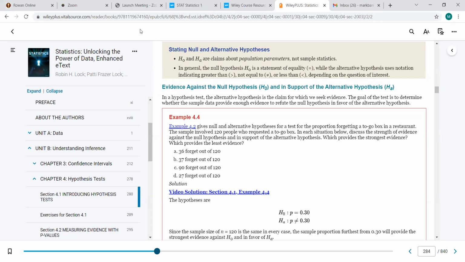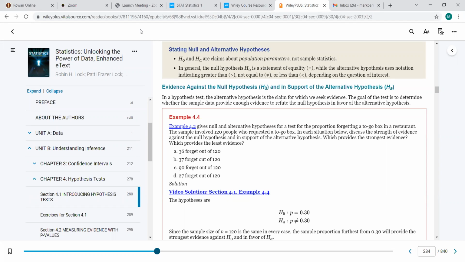Now, remember, the alternative says not equal to, so it could be on the low side or high side that we're talking about here, right? So certainly C is much different than 0.3. 0.225 is different, but we're not really sure whether it's different enough to say we have enough evidence to reject p equals 0.3.